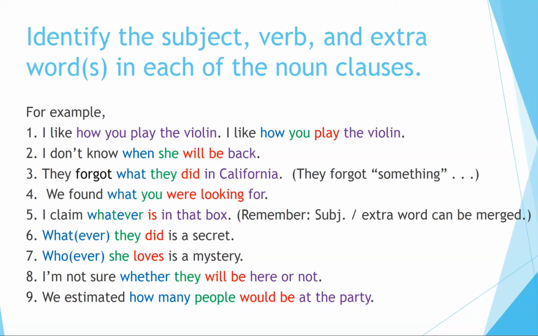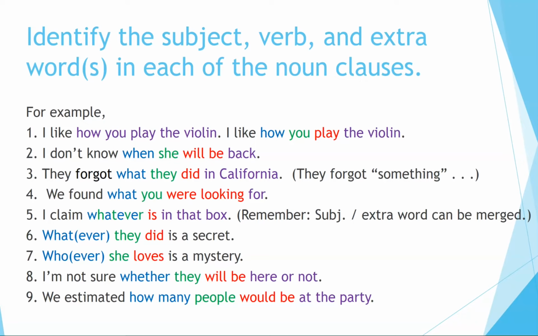What is the extra word? They is the subject, did is the verb. In California is just a prepositional phrase. We found what you were looking for. What is the extra word? You is the subject, we're looking is the verb.